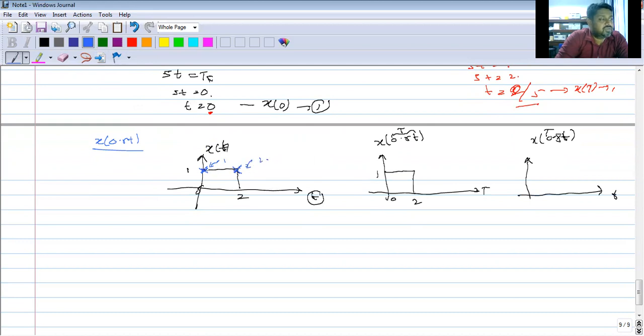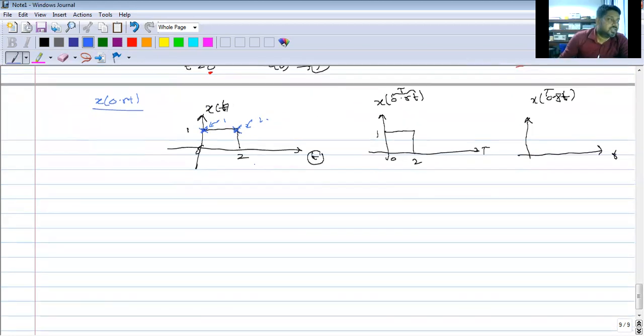We will see what happened to this first point and second point with this time scale. So the first point is t equal to 0, x(0) is equal to 1. So let's take capital T equal to 0. That means x(T) also will be equal to 1.